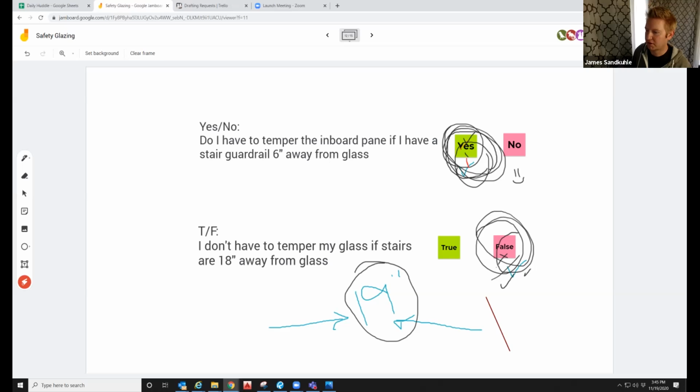Yeah, Farzad got it. Tolerance issues. So even though code says 18 inches, if something is built slightly out of tolerance, such as the stairwells, I mean, we don't control the stairs. So someone else does that, and that could be out of tolerance. We don't know the tolerances really, but our curtain wall tolerance is pretty good.